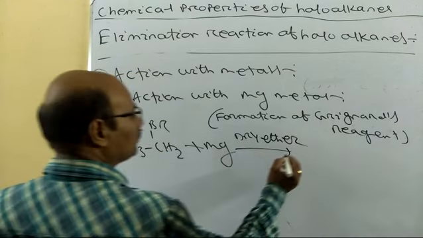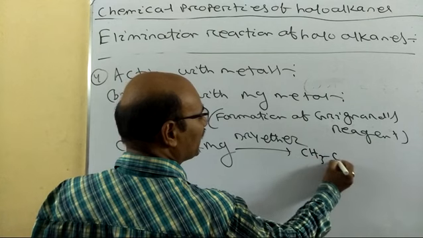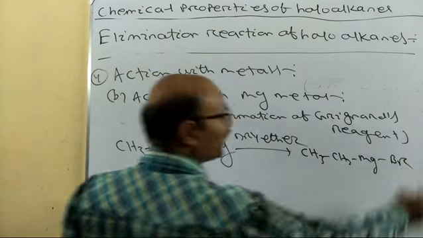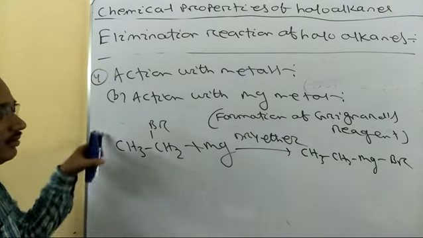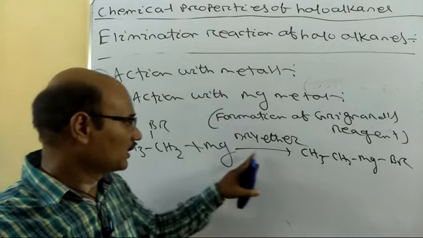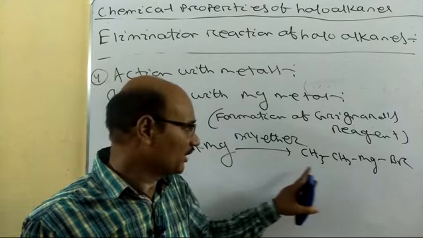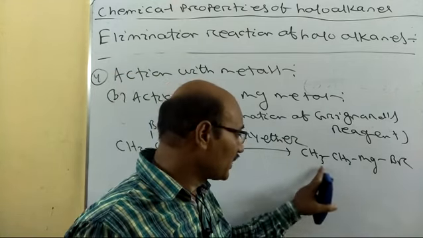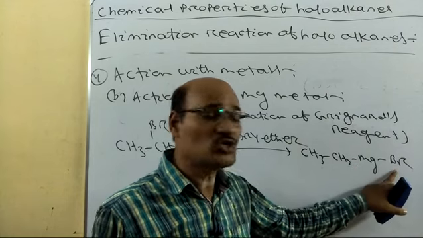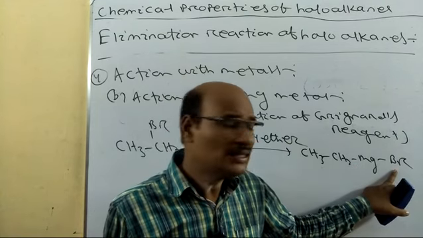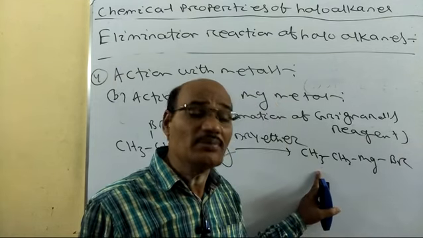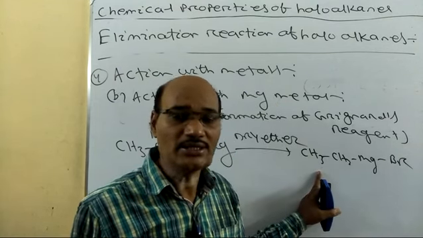Then alkyl magnesium halide is formed. Haloalkane with magnesium metal in dry ether, what are we getting? Alkyl magnesium halide. And this alkyl magnesium halide is known as Grignard's reagent. And this Grignard reagent has many uses in organic synthesis.